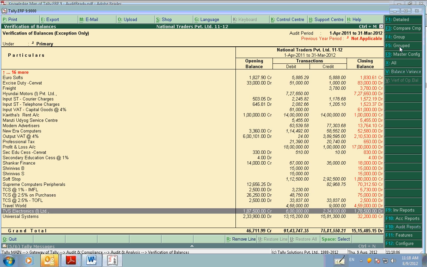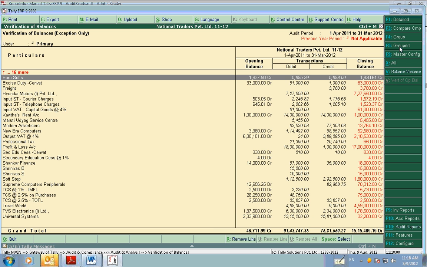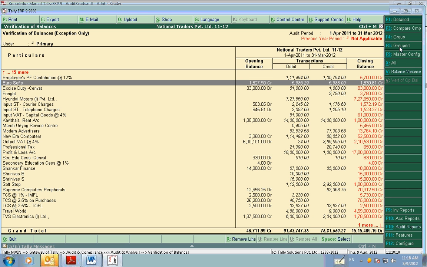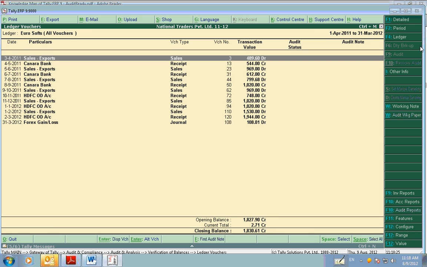So you can drill down to any of the options. If you take the example of Eurosoft here, we have some opening balance, debit and credit values, and then the closing balance here. You can drill down to that and check what exactly these transactions are.